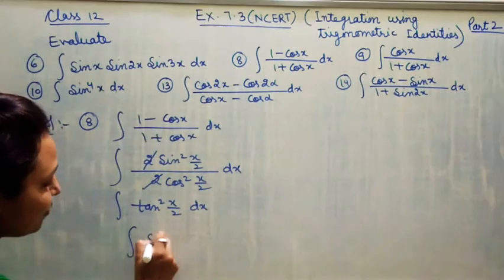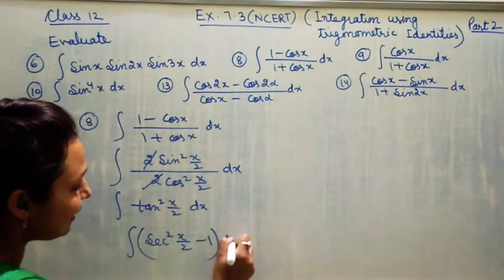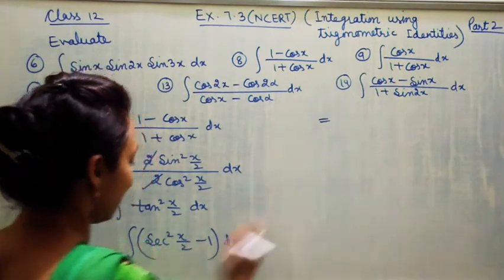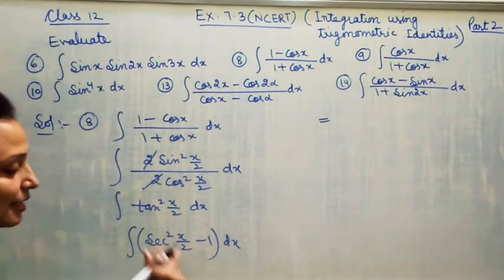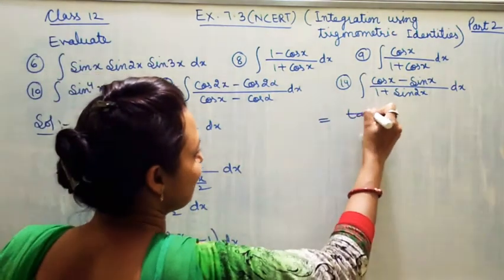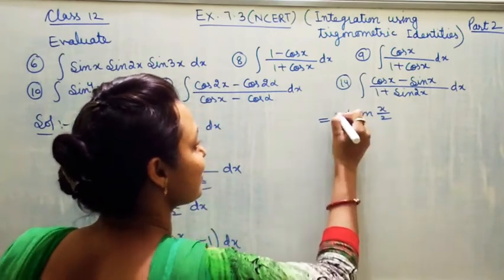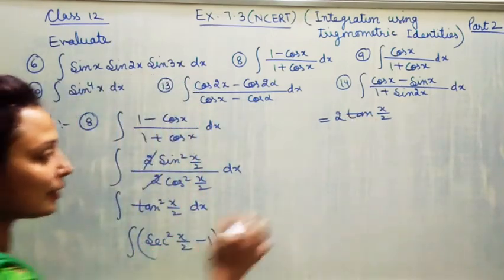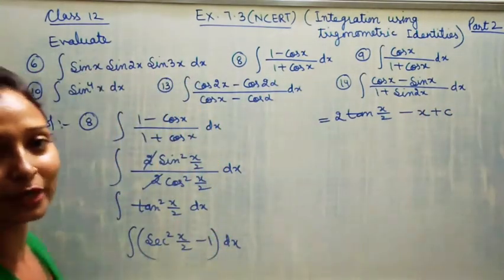I will change it into secant square x by 2 minus 1 dx. The integration of secant square x by 2 is tan x by 2 upon 1 by 2. So I will write 1 by 2 as a 2, and minus 1 gives minus x plus constant. So this is the way to solve question number 8.